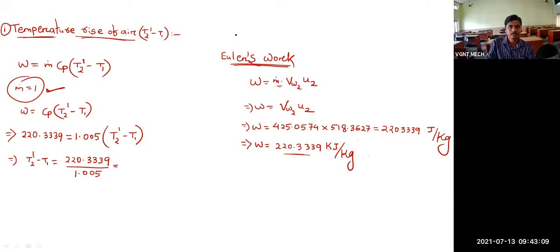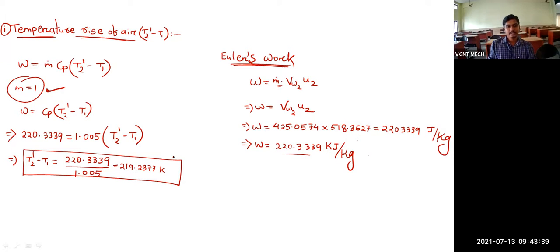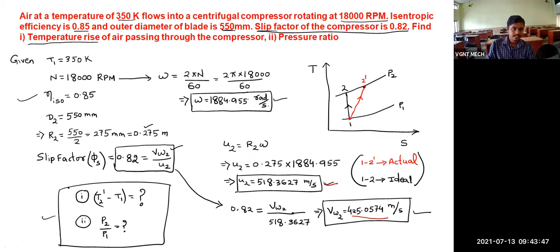When we solve this one, the answer we will get is 219.2377. So this much answer we will get. This is the change in temperature we have calculated. So this much temperature rise will be there from inlet to outlet. So this is the first point of our question.